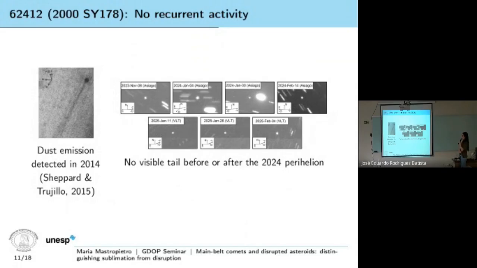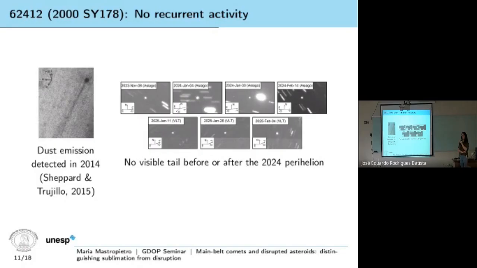However, since it's a fast rotator, with a period of 3.33 hours, close to the critical speed for breakup, and since it has a high perihelion distance and low eccentricity, which means less solar heating reaches the surface compared to other active asteroids, then probably the activity was due to fast rotation.